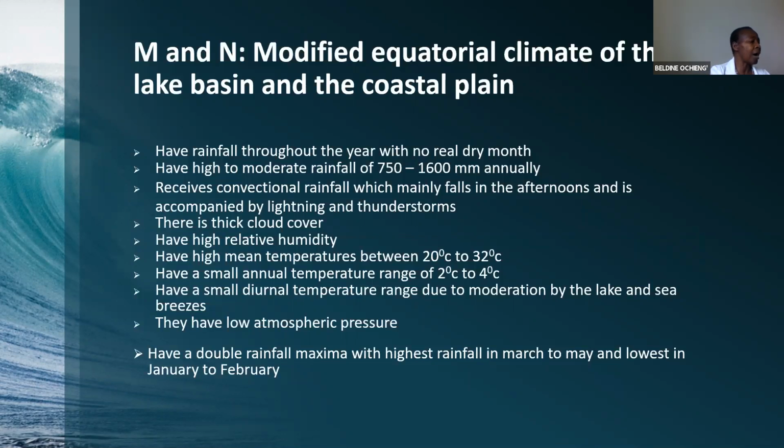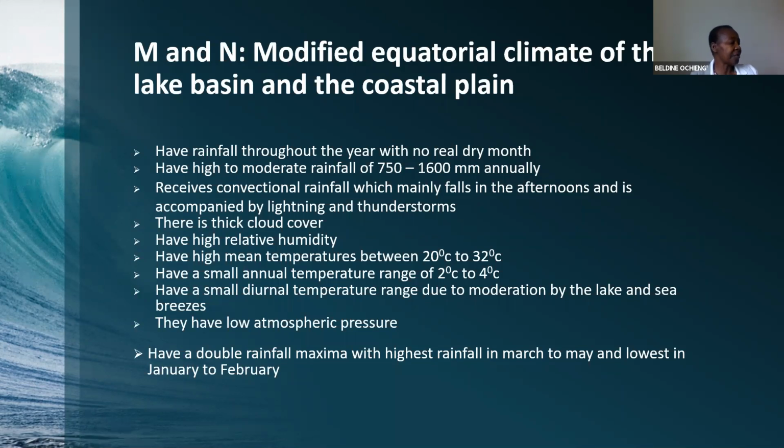They have low atmospheric pressure. Temperature is very high in this region. Obviously, we'll be having the doldrum, calm air. That will give us low atmospheric pressure.